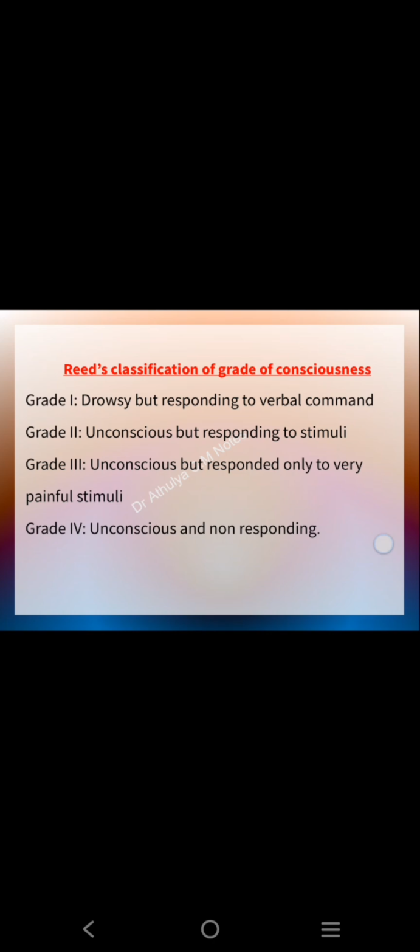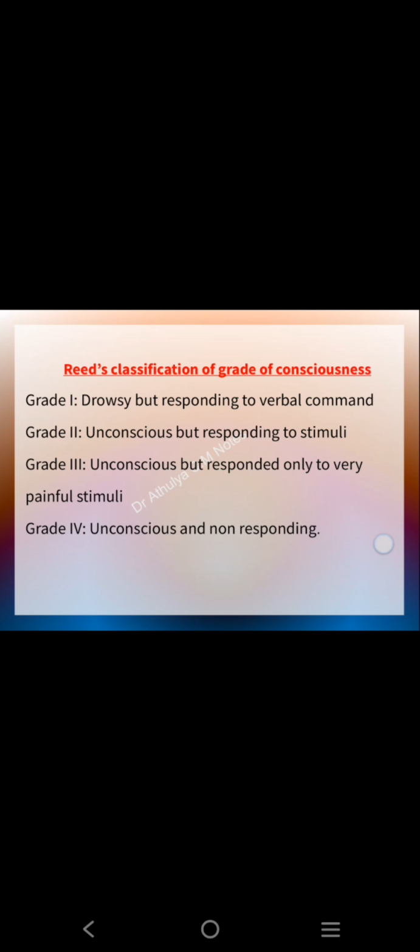And grade 3 is that he is unconscious but responding only to very painful stimuli. That is, we have to pinch him in the nail bed, in the trapezius muscle or in the supraorbital notch. If we apply pressure, that patient responds. We have to take care that the painful stimulus is not so much that we hurt the patient or cause any injury.